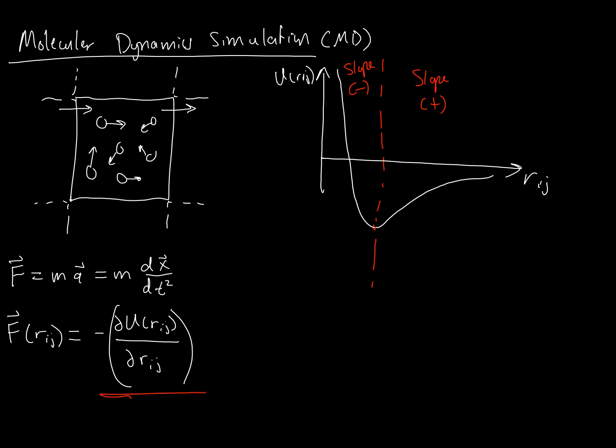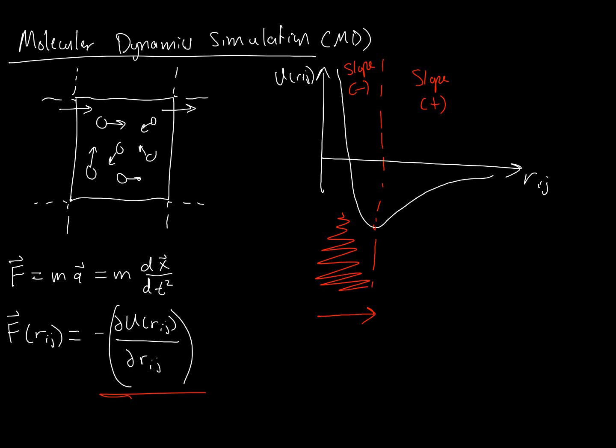So if we are in this region here, the force is pushing us in the positive r direction. And so the math is designed to work out with the negative sign, because you have a negative slope in your pair potential, but you're pushing your particle in the positive direction.